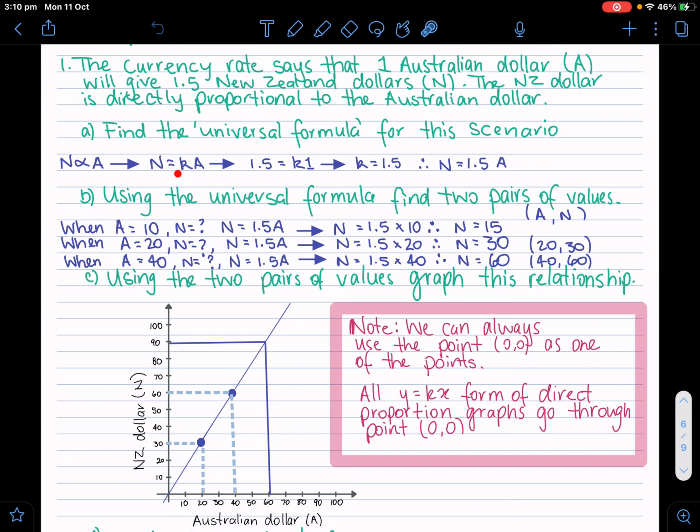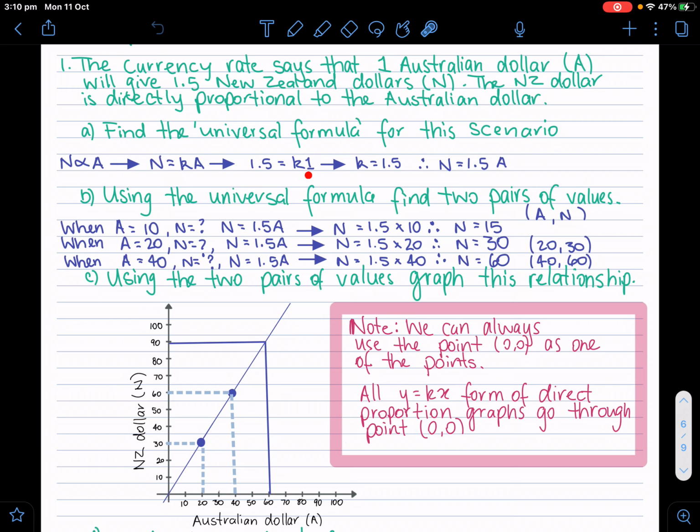Step 3, sub in the variables from the values given in the question. So the values given in the question say that New Zealand dollars are 1.5 and Australian dollars are 1. So we have 1.5 equals k times 1.